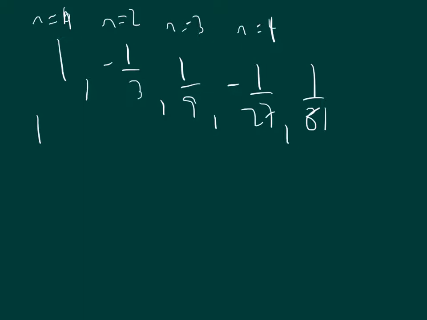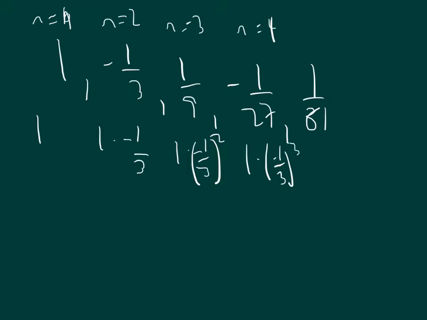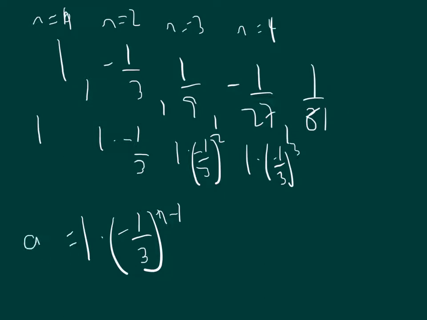And this is 1 times negative 1/3. This is 1 times negative 1/3 squared. This is 1 times negative 1/3 cubed, etc. So here the exponent on the negative 1/3 is always 1 less than n. So the general formula here would be 1 times negative 1/3 to the n minus 1 equals a sub n. All right?